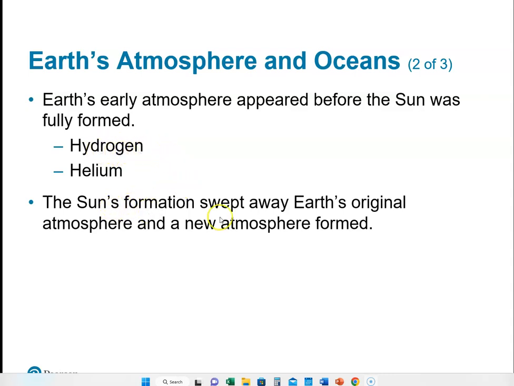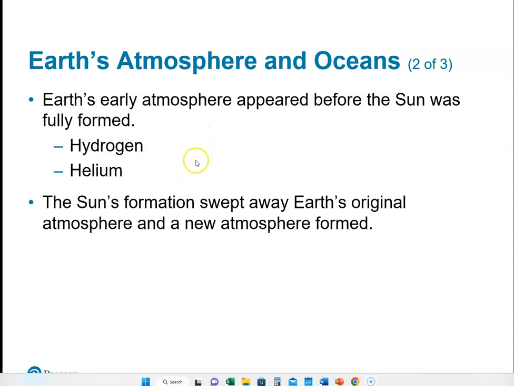And then when the sun turns on, we'll talk a lot more about this when we get to the chapters on astronomy, basically what happens is the sun begins to fuse hydrogen into helium. That's how all the stars work, by the way. Hydrogen is turned into helium, and during that process, it releases energy, as do all the stars, right?